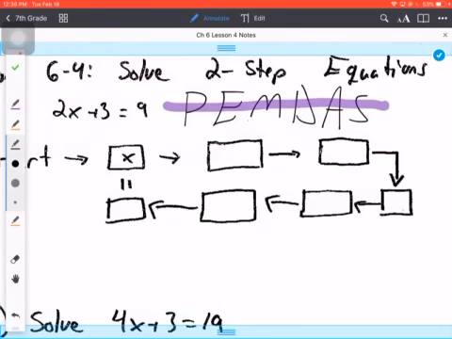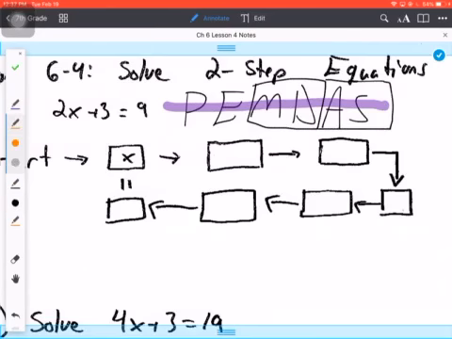So the first thing we want to look at is, are there any parentheses? Looking at this equation here, there aren't any. We look at exponents next, still none. We look at multiplication and division, because really these two are part of the same step, and these two are part of the same step. There is something dealing with multiplication right here.